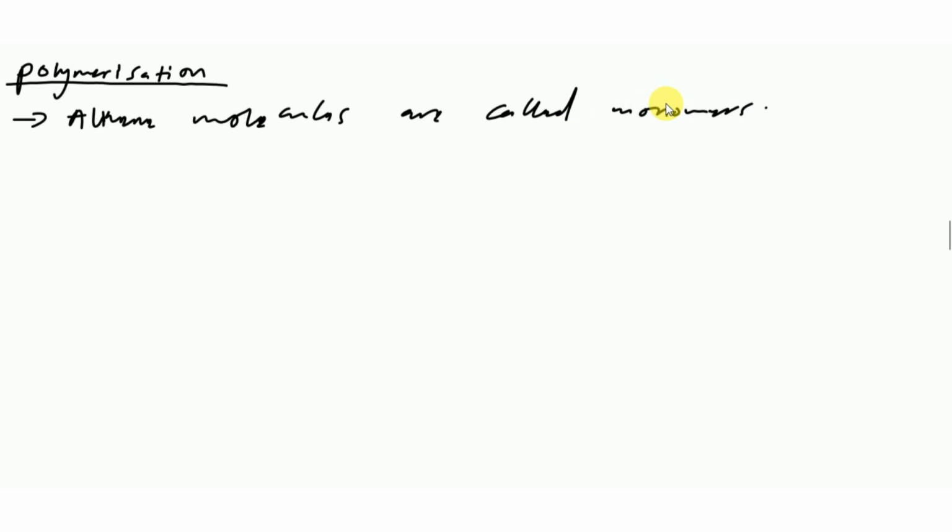Then the long chain compounds that form are called polymers. So the polymers are the long chains that are formed.